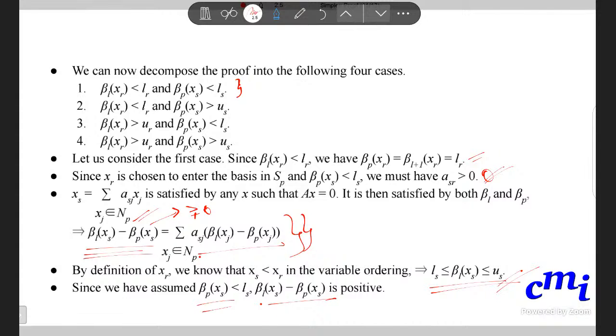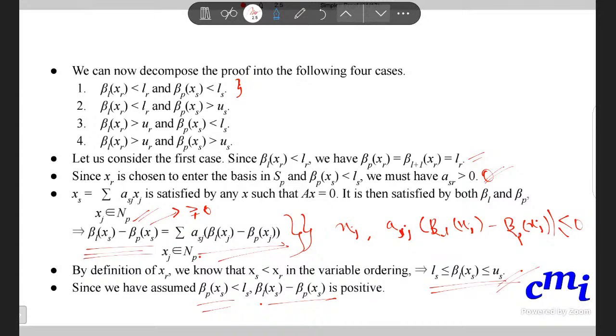Now we want to show that the RHS is negative. For each xj, we'll show that ASJ into beta L of xj minus beta P of xj is less than or equal to 0.